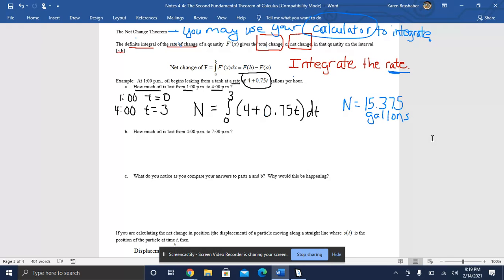Now, the 4 o'clock in this is not the time 0, but rather your time 3. So once we've established a time 0 for a problem, that does not change. So 4 o'clock is your time 3, and then we have 7 o'clock, and so the hours that would have passed by would be 3 more hours, so your t is a 6.